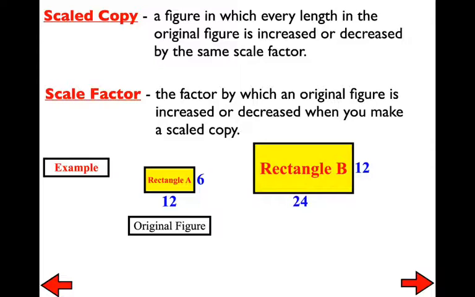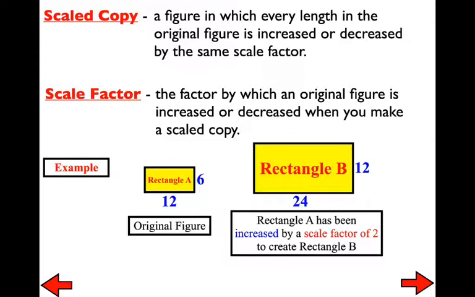So if rectangle B is 24 by 12, where rectangle A was 12 by 6, that means rectangle A has been increased by a scale factor of 2 to create rectangle B. If you've got any blank areas anywhere in there, make sure that you fill them in. But the important piece right here is that rectangle A has been increased. We say it's been increased because rectangle B is larger by a scale factor of 2.